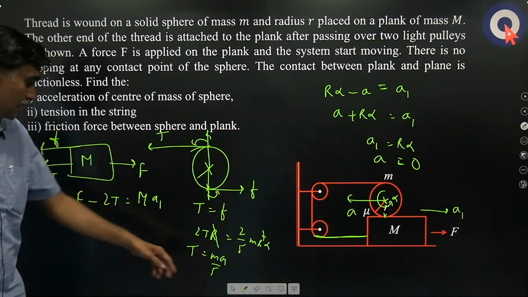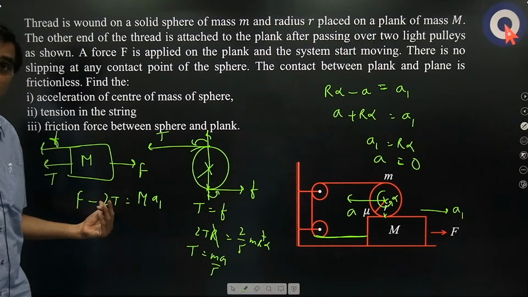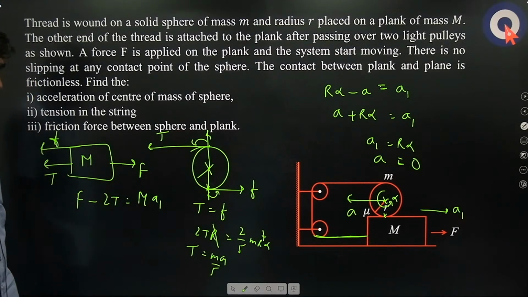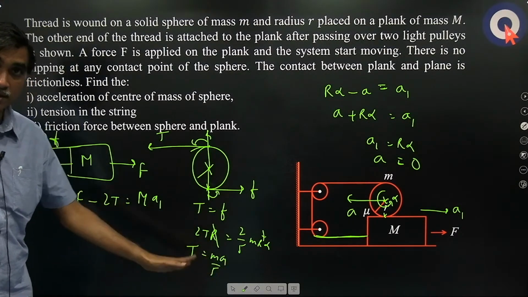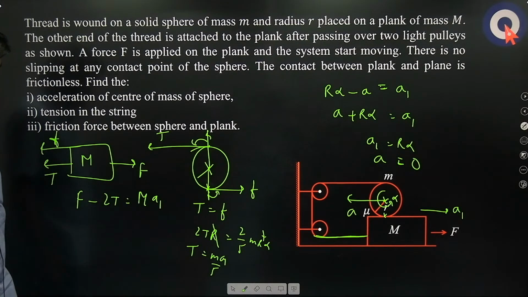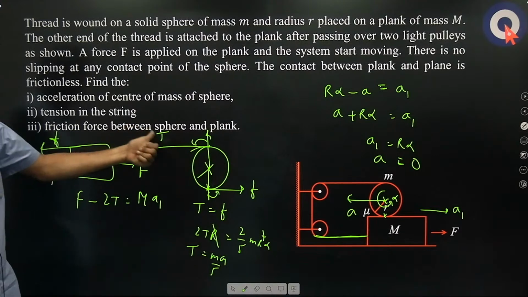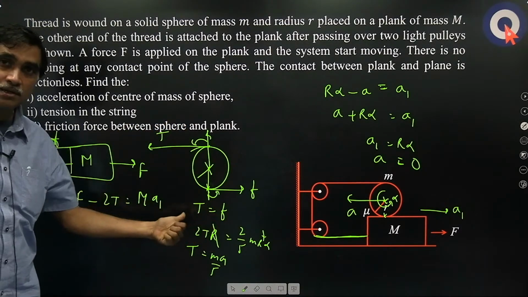In place of T, you can put small m A1 by 5 here. You will get A1 if I solve, A1 in terms of capital F. And tension also you can find once you know A1, substitute A1 value here, you will get tension. And frictional force between sphere and plank is nothing but tension in magnitude.